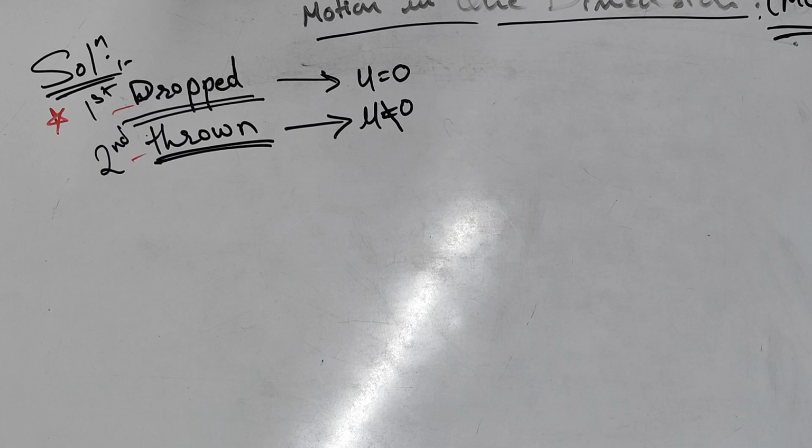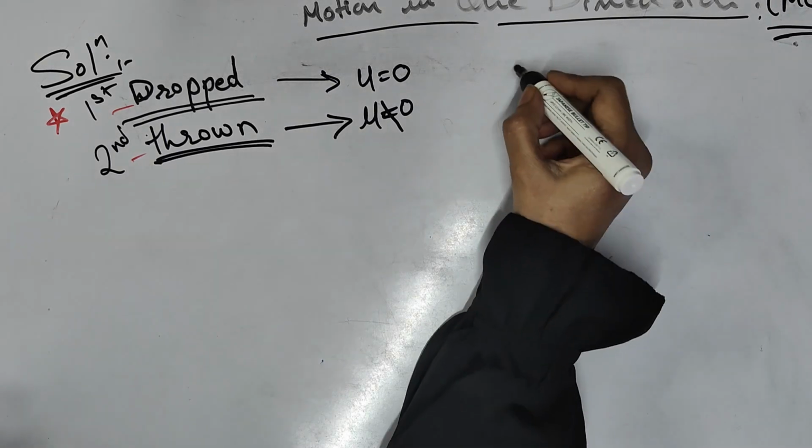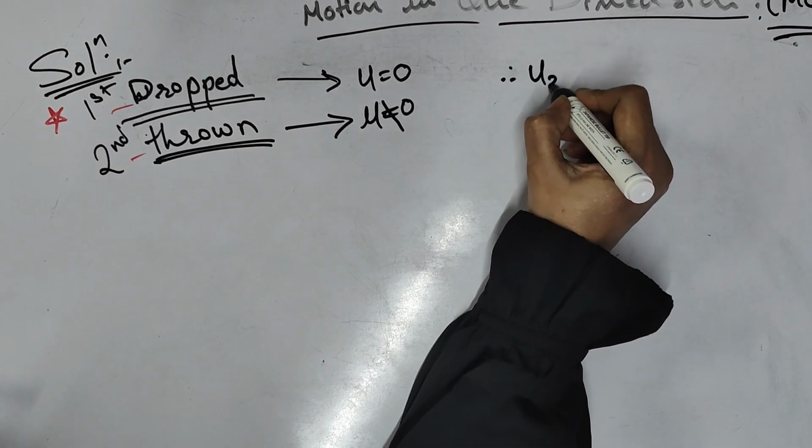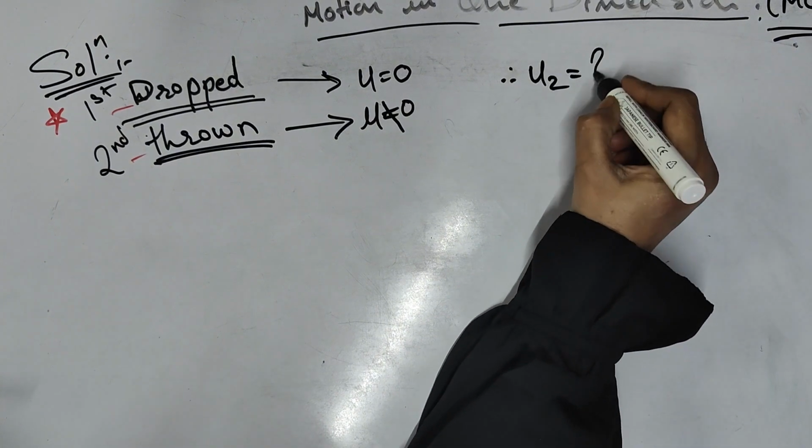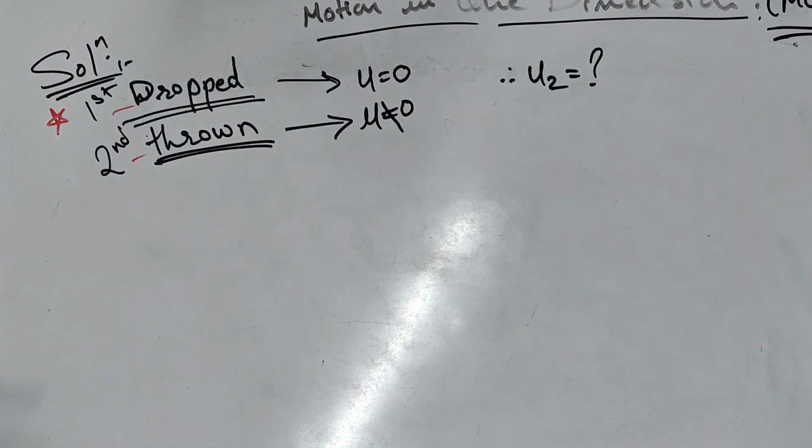So now we have to find the initial velocity of the second ball. Here we have to search for an equation for the question in which all the given data can be accommodated. So what is the equation?